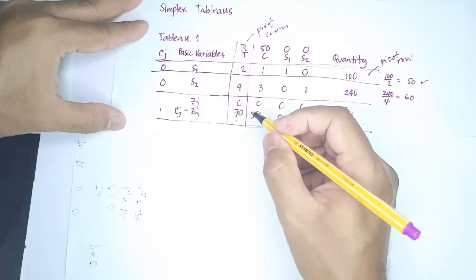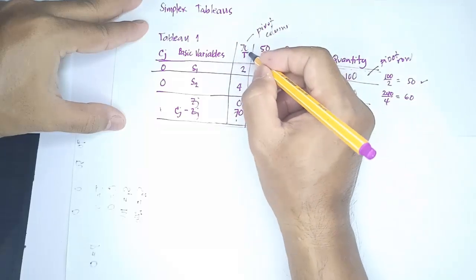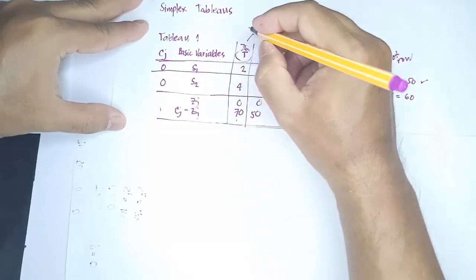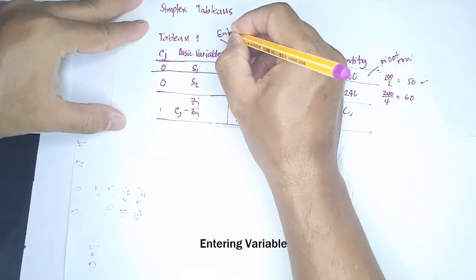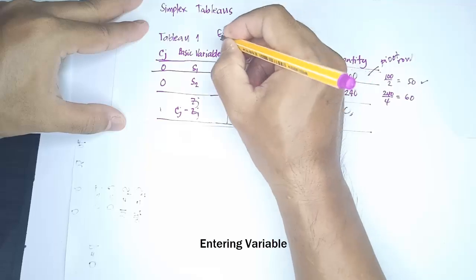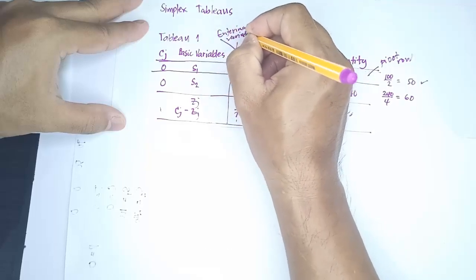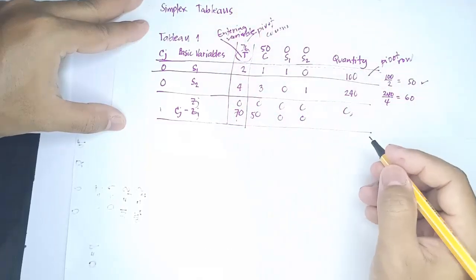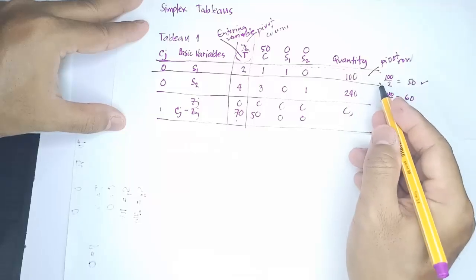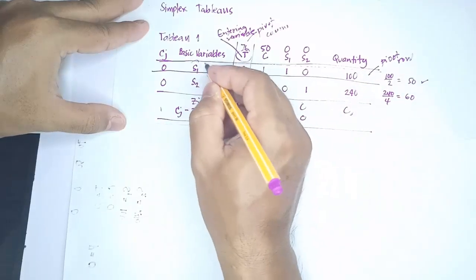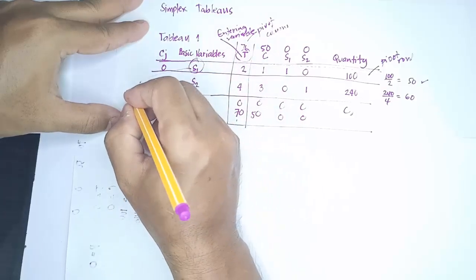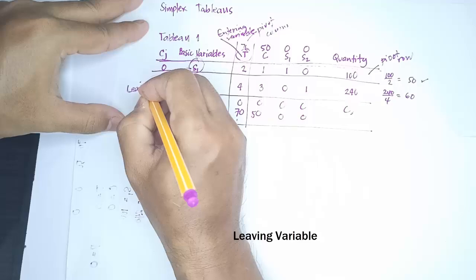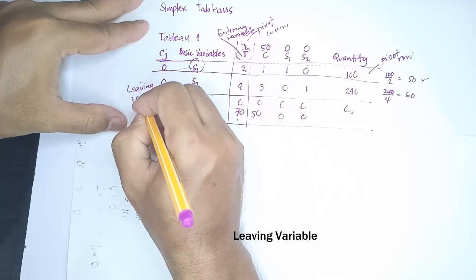At the same time, in the pivot column, the decision variable t will be what we call the entering variable. And the variable in the pivot row, which is S1, we will call the leaving variable.